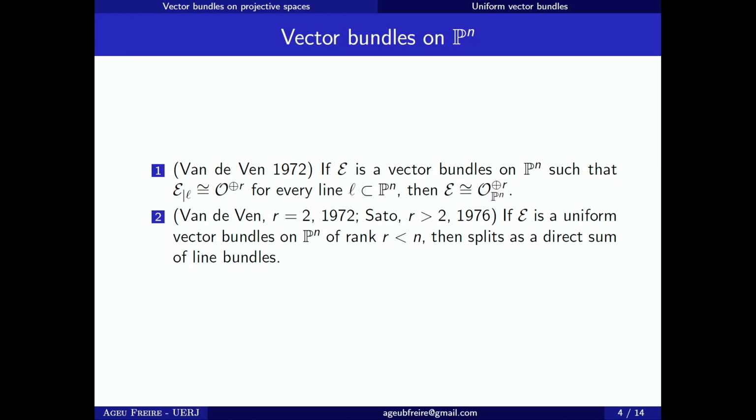And the second one: for a uniform vector bundle E on the projective space, if the rank of E is greater than 2 and smaller than n, this vector bundle splits as a direct sum of line bundles.